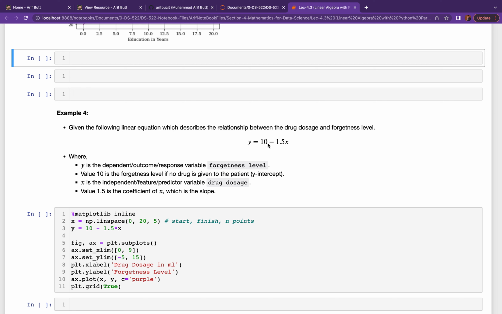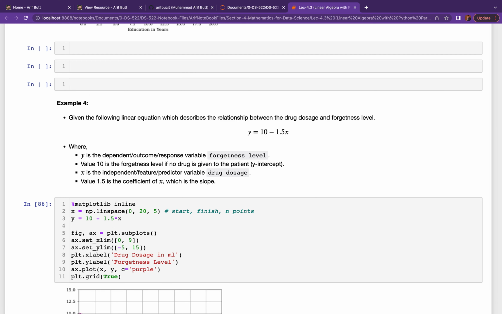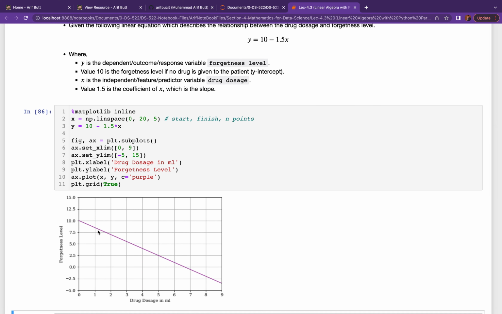This value of 10 is the forgetfulness level if no drug is given, and this 1.5 is the slope. So if I plot this, you see we get a negative relationship. By this negative relationship, I mean the more drug is administered to the patient, the less is the forgetfulness level.